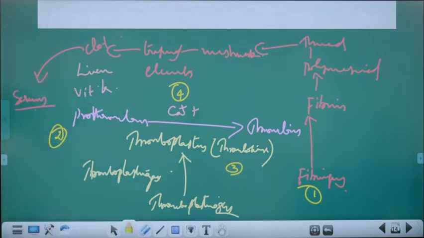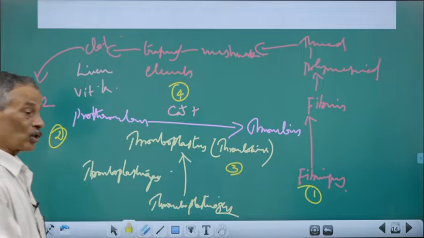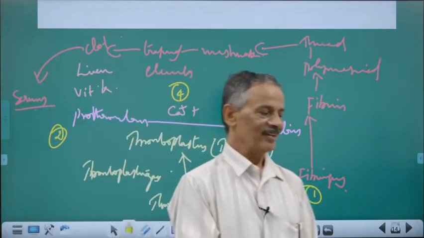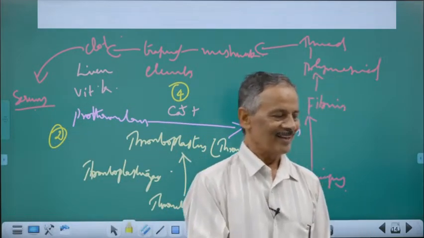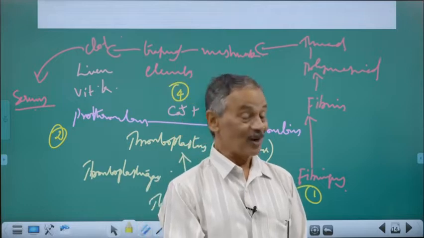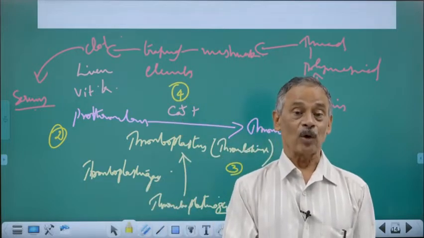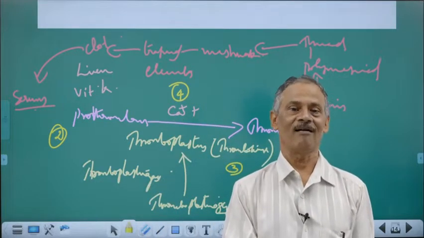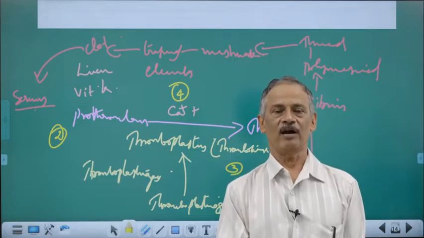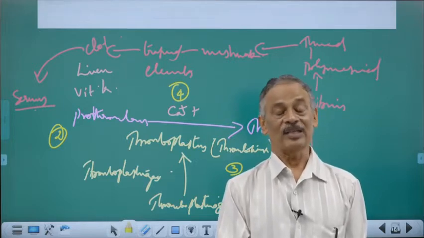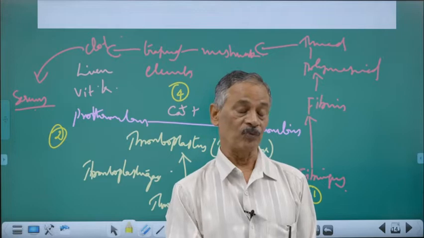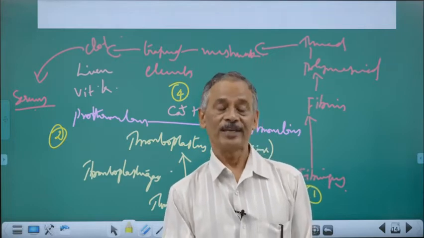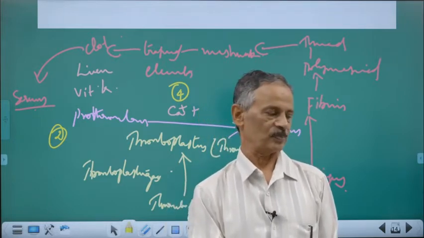Without these factors, blood will not clot. You will be studying that. Factors 8, 9, 11: because of the deficiency of these factors, you have hemophilia. Classical hemophilia, that is hemophilia A, then hemophilia B, hemophilia C. Factors 8, 9 and 11.